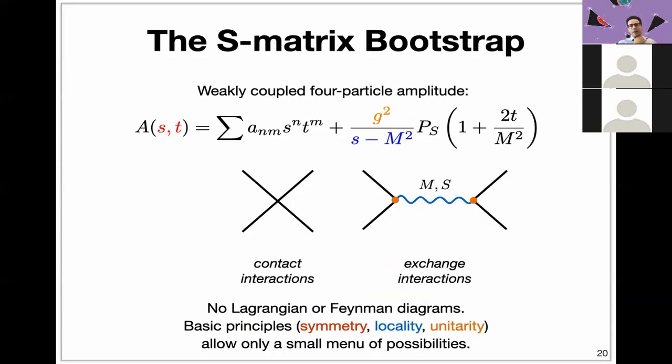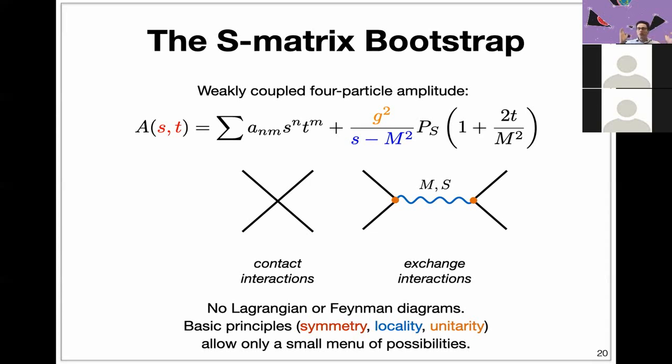And here's just a very simple example of how this bootstrap philosophy is powerful. So if I just study 2-to-2 scattering of scalar particles in flat space, the S matrix that you could measure, I don't know, for example, pions in a collider experiment, you could say, well, what if there are all sorts of extra states showing up?